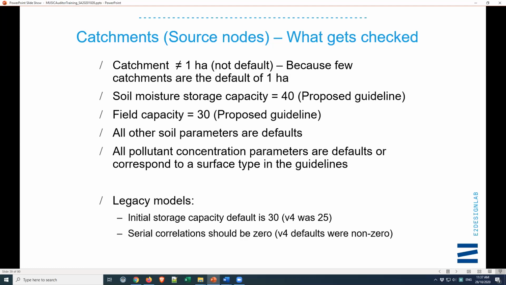So we have provided a list of things to submit with a MUSIC model, which includes a report outlining the rationale for it and providing a summary of the inputs. And we have included in that, from memory, that the MUSIC summary report is included. But certainly as an authority, I would say you're well within your rights to ask people to provide that summary report file. If not, and you've got MUSIC, obviously you can generate it yourself.